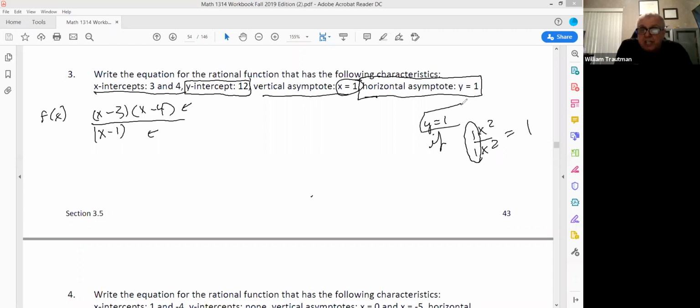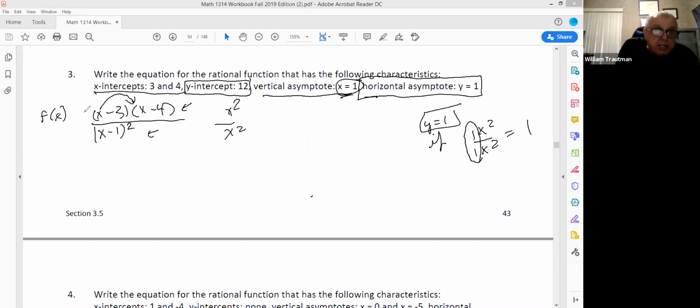Look at the top power. If we multiply this together, we get x times x, an x squared. On the bottom, we only have an x. But in order to get a 1 for a horizontal asymptote, these powers have to be the same. So we have to square this bottom so the powers are the same.